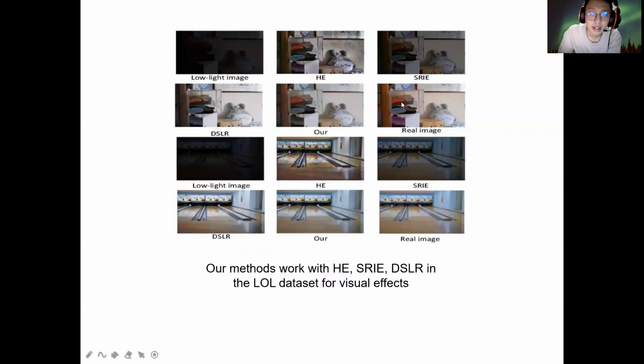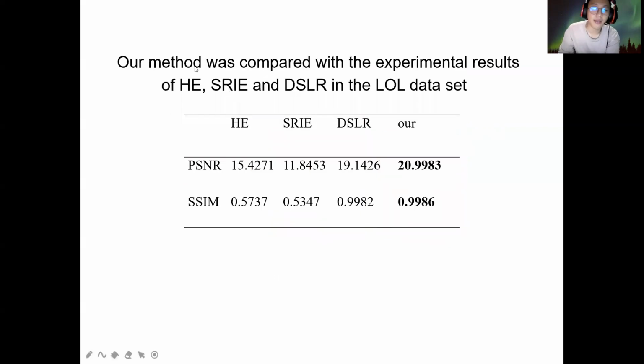There are 6 different pictures in the first example, and compared to the other algorithms' results, ours is more like the real image, and it seems the same in the second part. In these 6 pictures, our result is also more excellent. And for the algorithms that we compare with, HENSR is the traditional enhancement, and DSR is the deep learning enhancement.